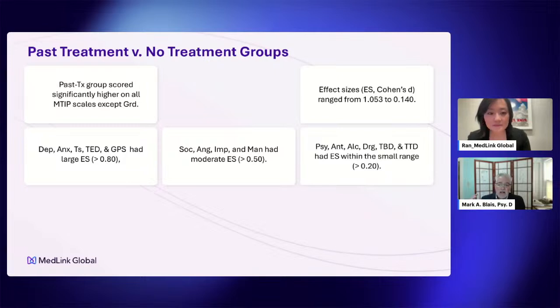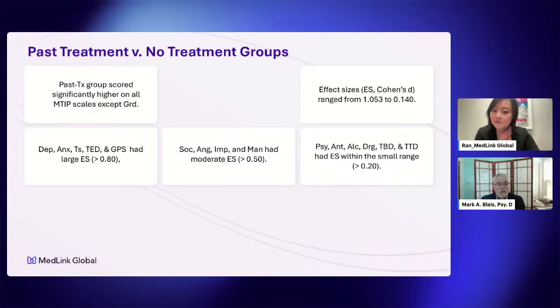Depression, anxiety, traumatic stress, the emotional dysregulation scales, and the global scale all had large effect sizes. Social anxiety, anger, impulsivity, and mania had moderate effect sizes, and psychosis, antisocial, alcohol, drug, behavioral dysregulation, and thought dysregulation had smaller effect sizes.